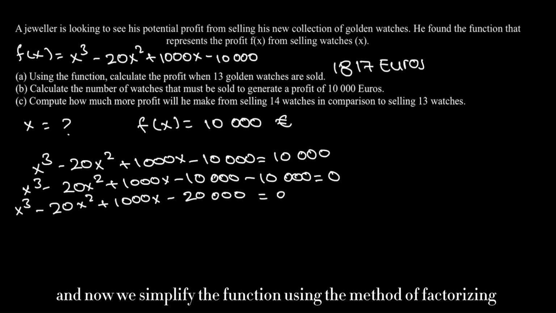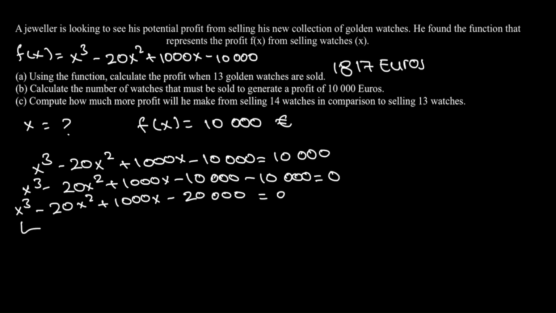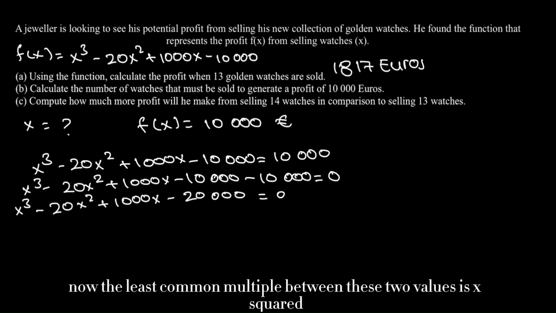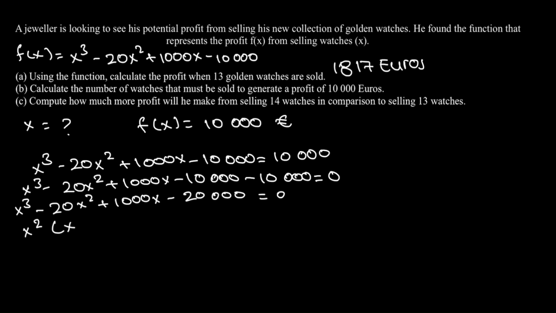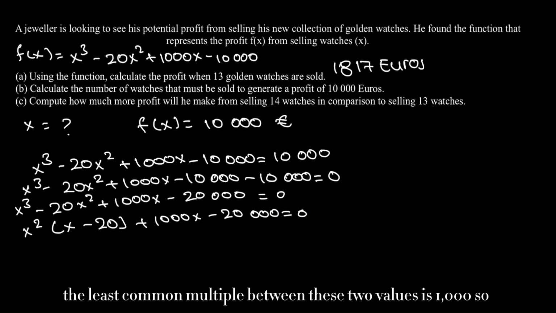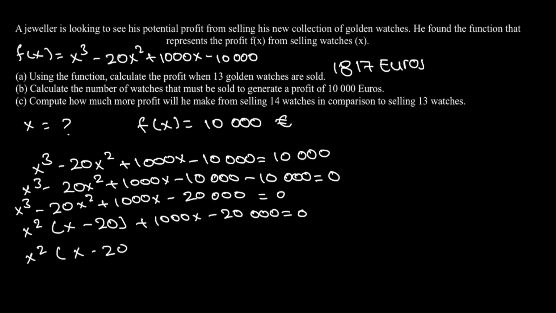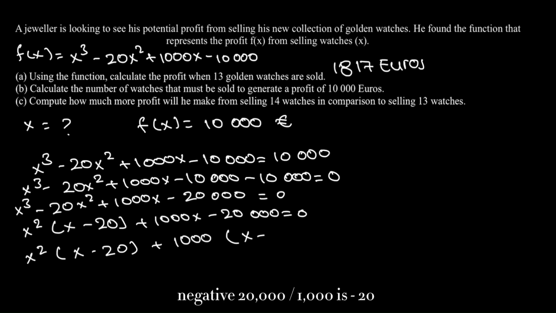And now we simplify the function using the method of factorizing. Now the least common multiple between these two values is x squared. The least common multiple between these two values is 1,000. So we take 1,000 out. Negative 20,000 divided by 1,000 is 20.